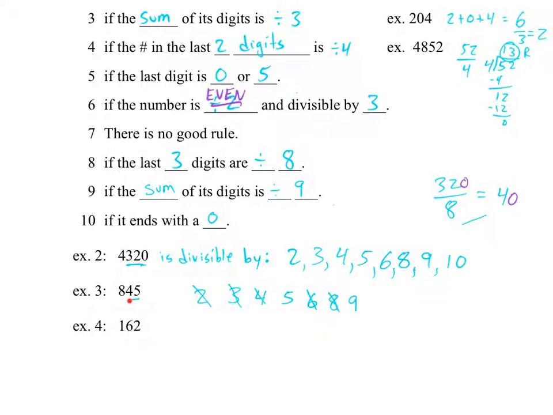The reason 45 works for 4 is because 100 is divisible by 4, so any multiple of 100 is divisible by 4. But you agree 100 isn't divisible by 9, because 99 would be, and 108 would be. So for 9, you have to go back to your rule. The sum of the digits, 17, can't be divided by 9, so 9 is not. How about 10? No, it doesn't end in 0. So the only one that worked was 5.